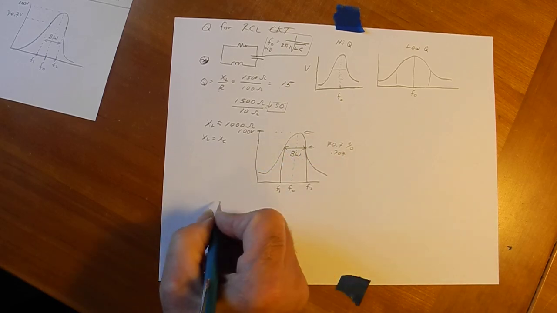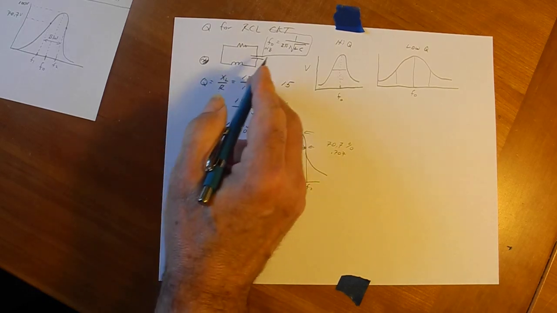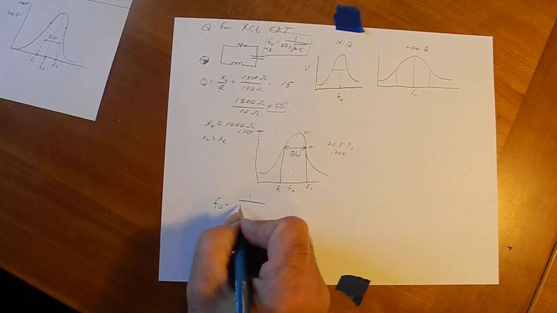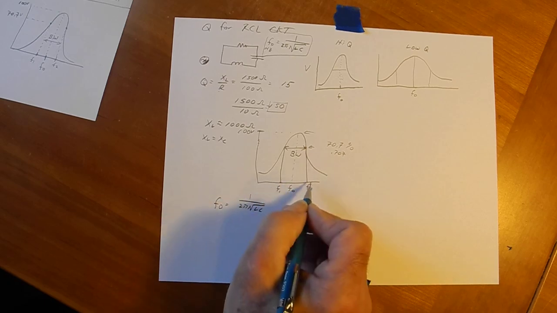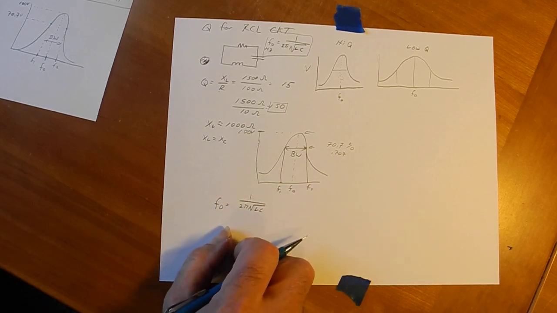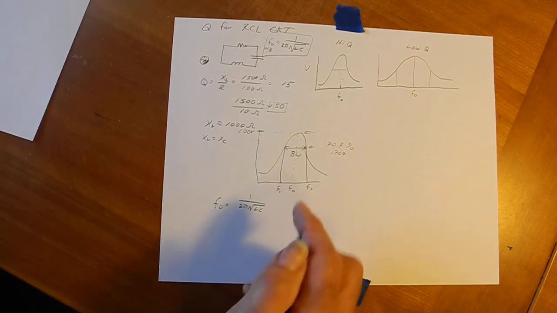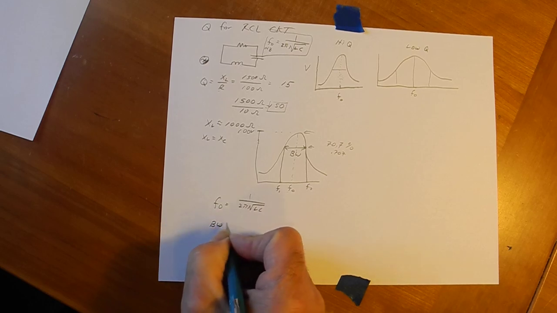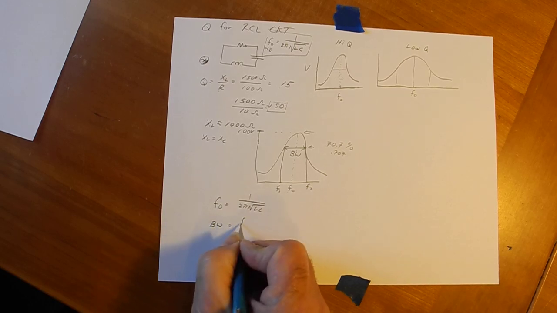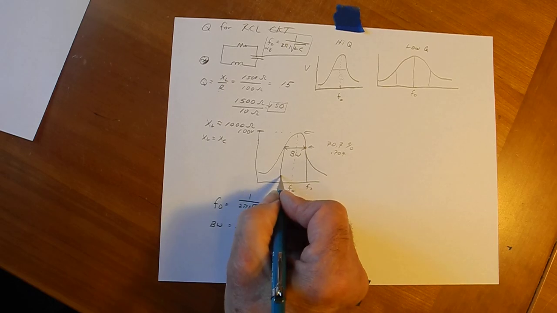If you know F sub O, we could find F sub O using this formula, 1 over 2 pi square root of LC. We could find F1 and we could find F2. It's actually pretty simple to do that. Another way of calling the bandwidth, sometimes they call it delta F, is that the bandwidth is equal to the resonant frequency over Q. So you could find that, and then you could find where F1 is.